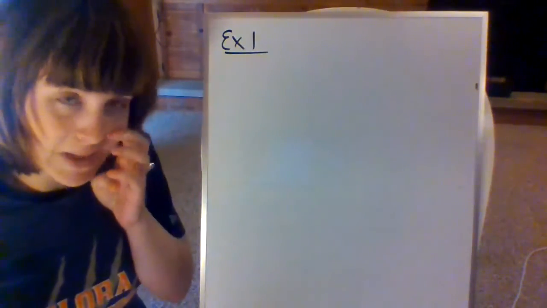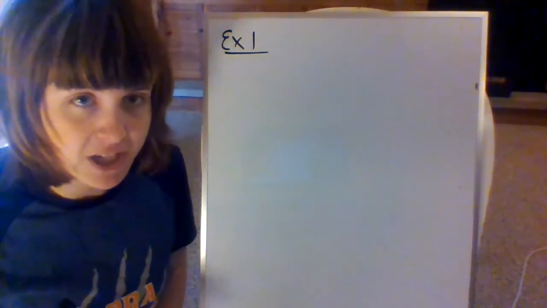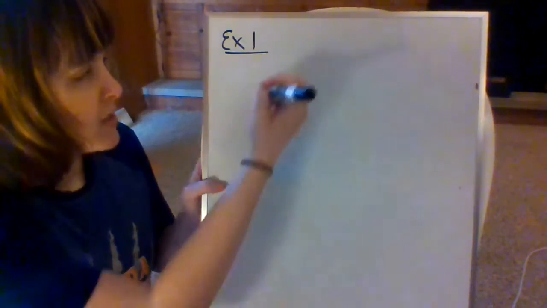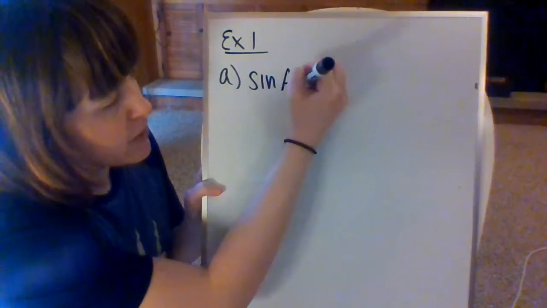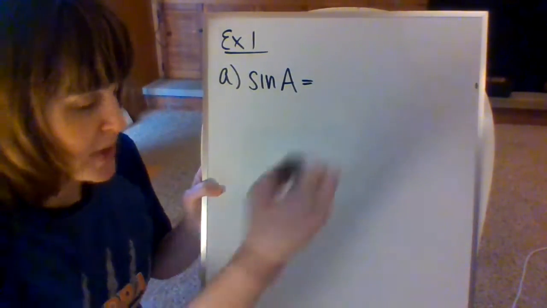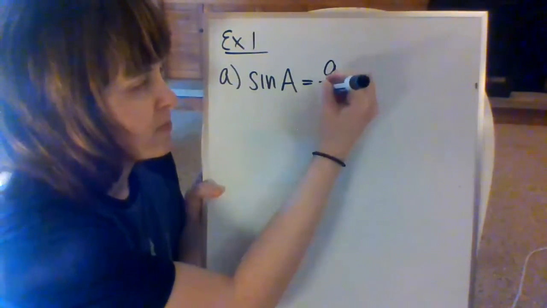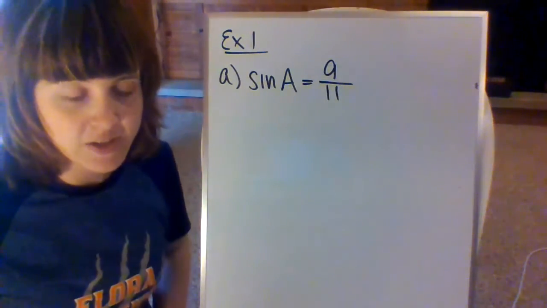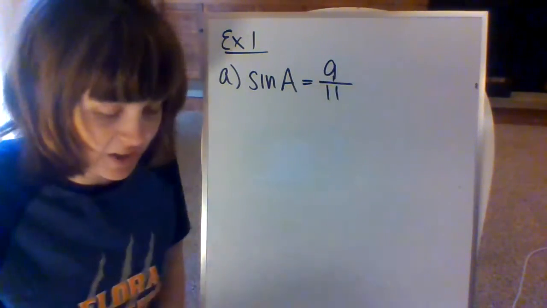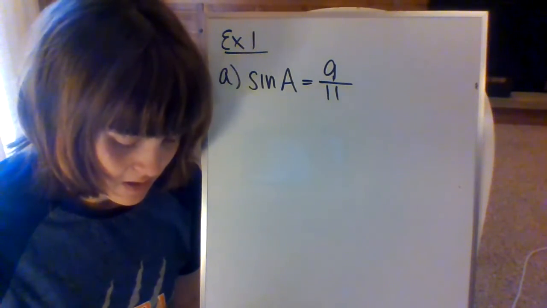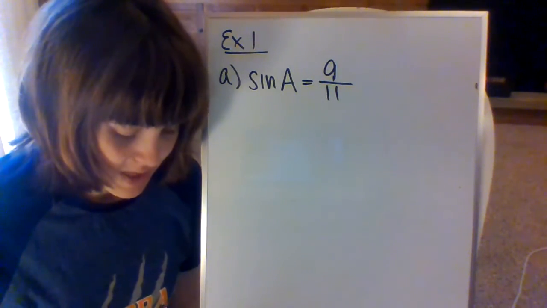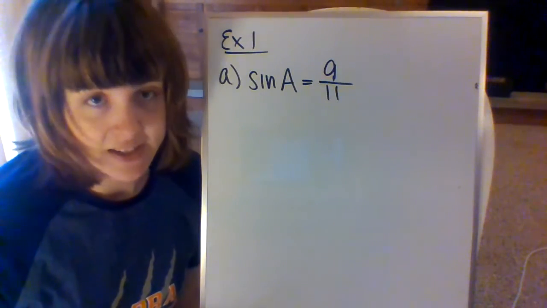We're going to find missing angles using trig ratios on the first example. So sine of angle A equals 9 over 11. So how are you going to do this on your phone calculator? You're going to do 9 divided by 11 equals, and then we have to press second and sine.